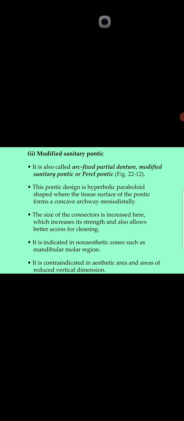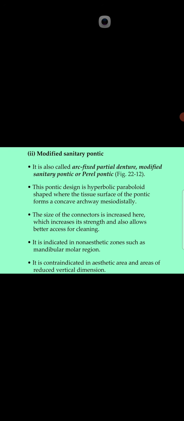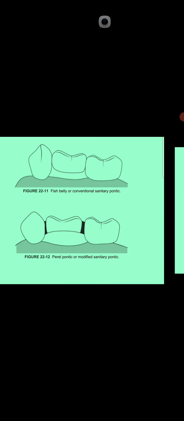Modified sanitary pontic is also called arch fixed partial denture or parallel pontic. This pontic design is a hyperbolic paraboloid shape, like we discussed in physics and math, where the tissue surface of the pontic forms a concave archway mesiodistally.